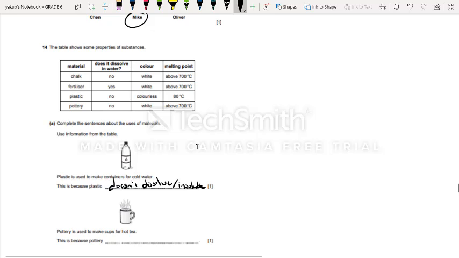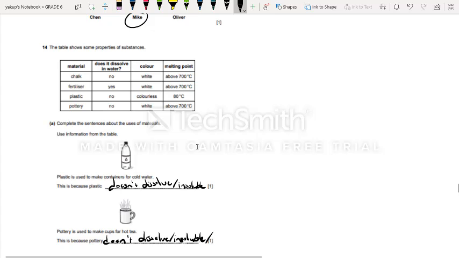Pottery is used to make the cups for the tea. This is because of pottery. Actually, same answer, right? It doesn't dissolve, insoluble. And also you can add what, guys?